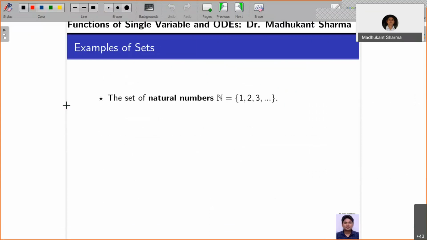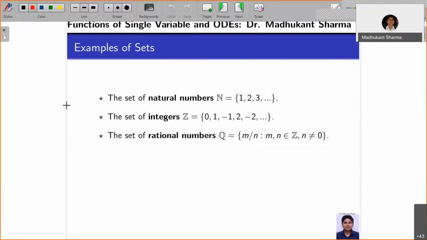Now, let's have the very first example: the set of natural numbers, the set of integers, positive integers, negative integers, the set of rational numbers. Rational numbers we write in the form m by n, where m and n are in Z, and of course the denominator should not be 0. That's how the set of rational numbers is defined.